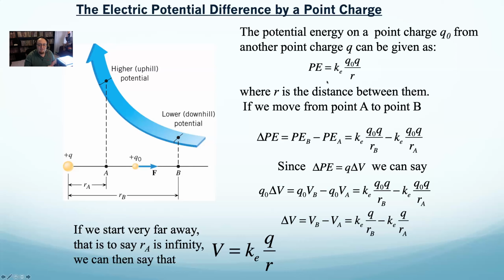We define the voltage as Coulomb's constant times the point charge over r. For any point charge, it has an electric potential of k e q over r, because the electric potential difference is between that number and 0. That is the electric potential of a point charge.